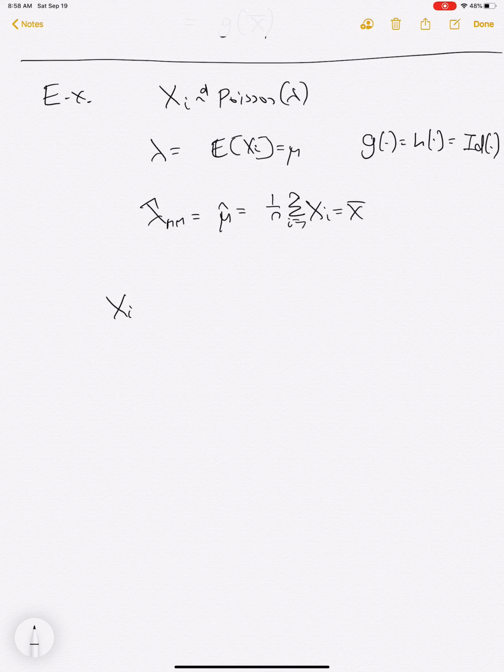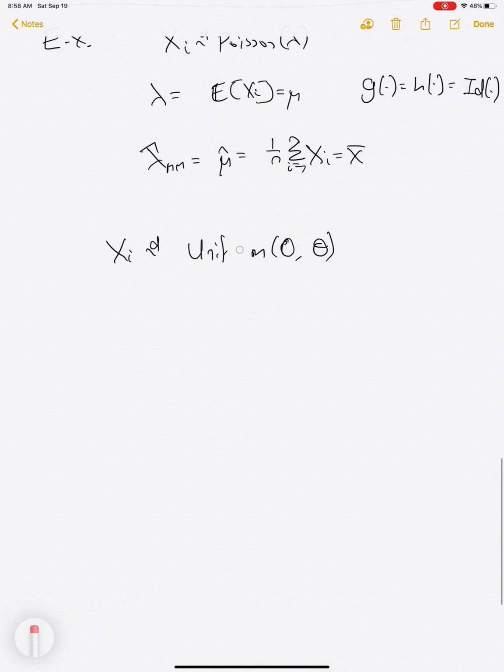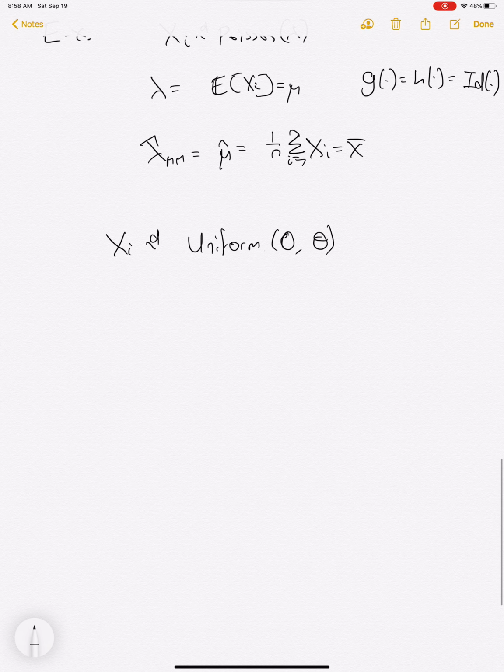Another example we saw was the uniform. So theta is the right endpoint. Then we know that E of X_i, so this mu here, is equal to theta over 2.